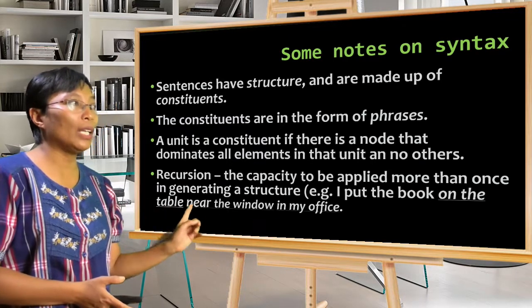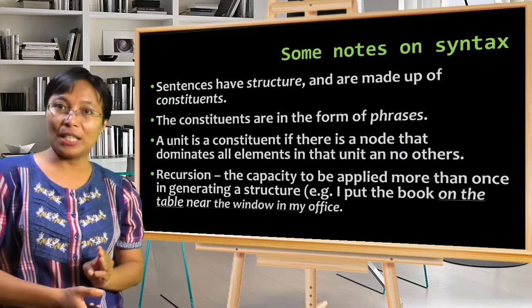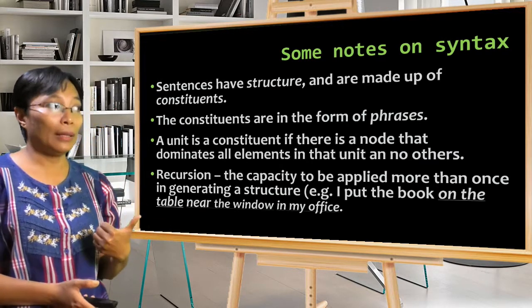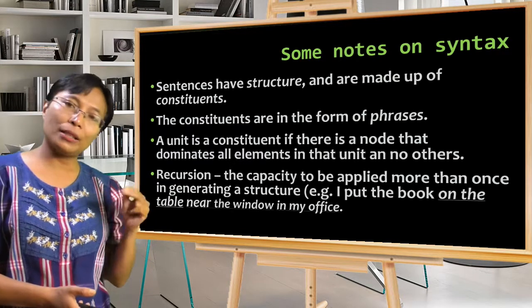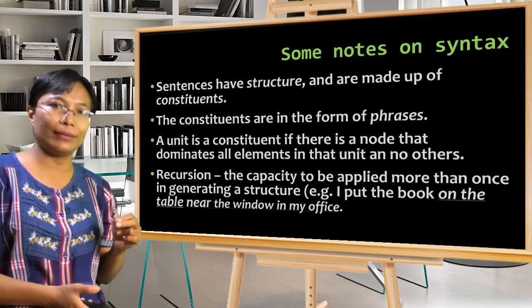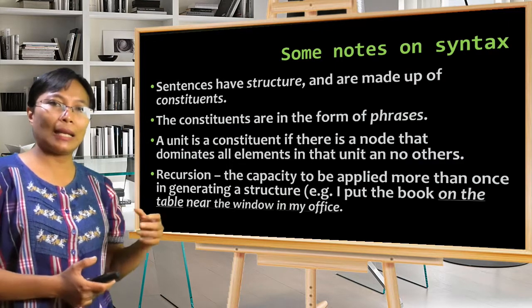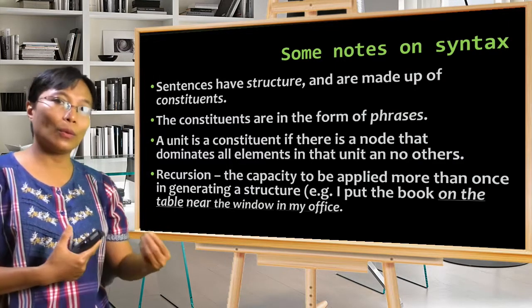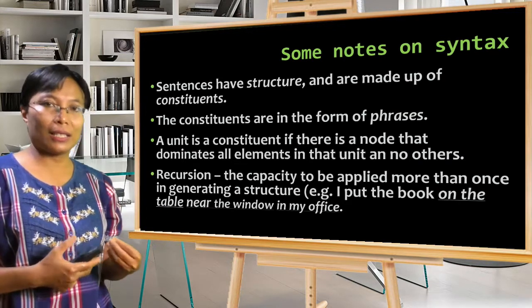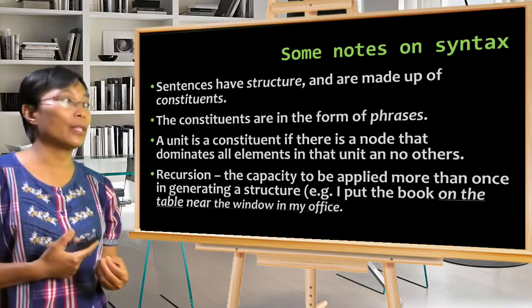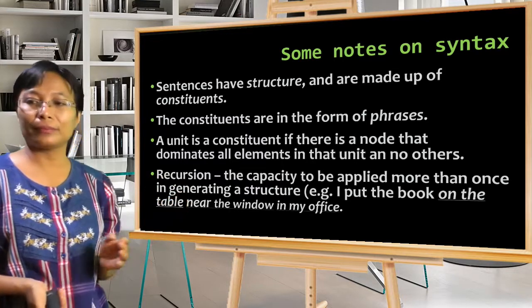We have three prepositional phrases. On the table, near the window, and then in my office. So it is possible for us to have the same phrases in one construction. So to repeat some phrases is very possible, and we call this principle recursion.